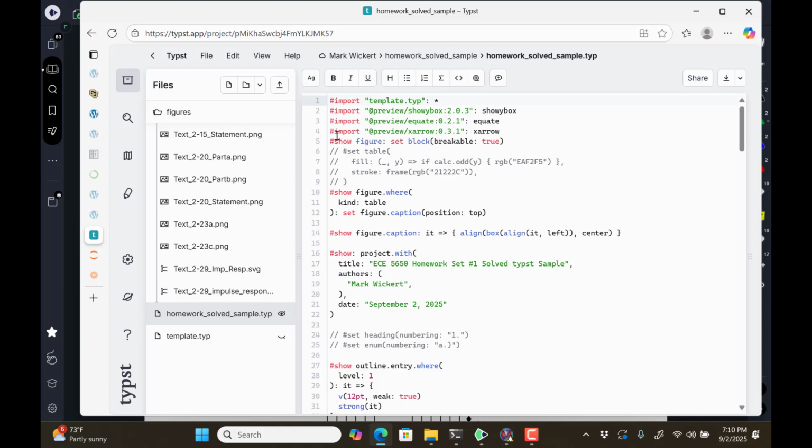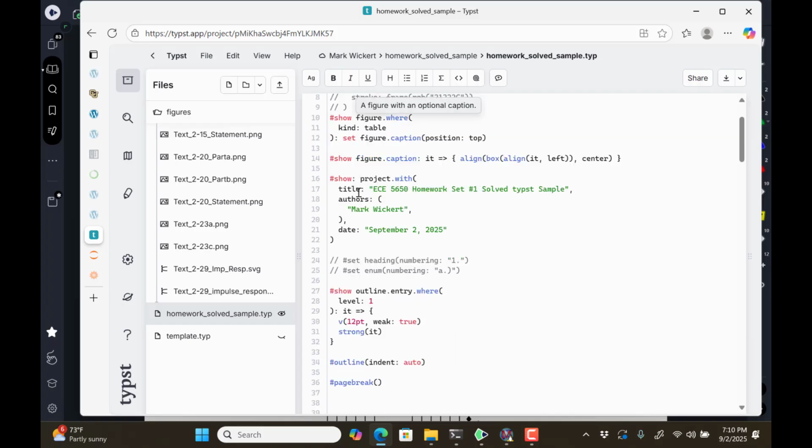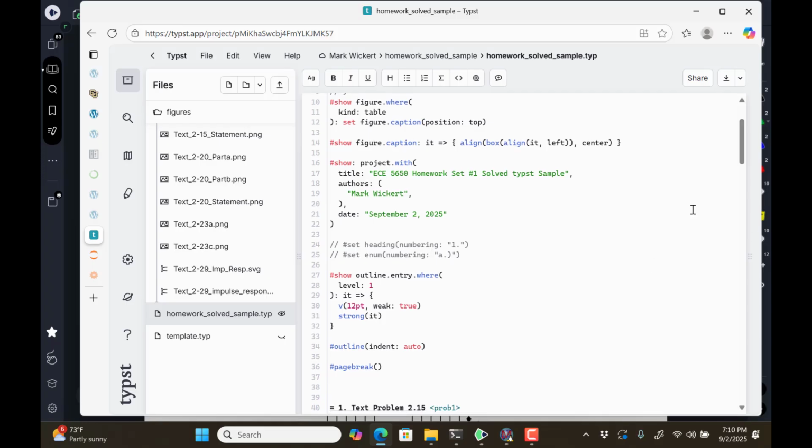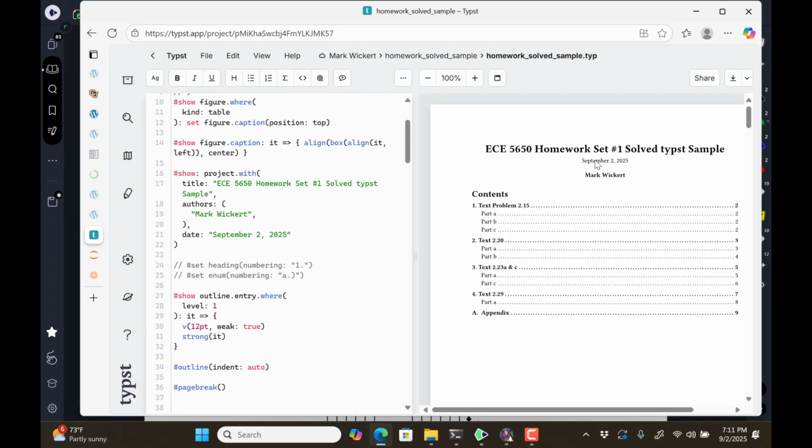Most of them aren't really even being used, but things you have to do in this document, you would put in your own title, you would put in your own name, and you would put in your own date. So that just customizes it to you, and that controls this.